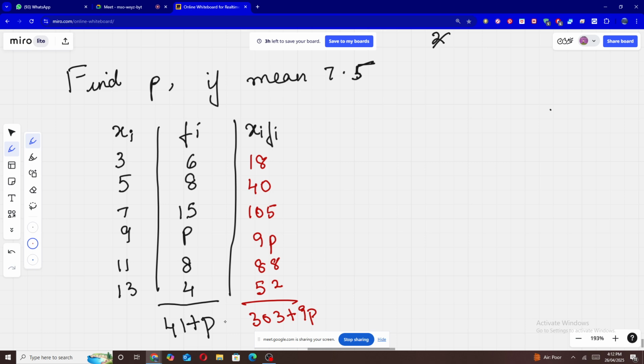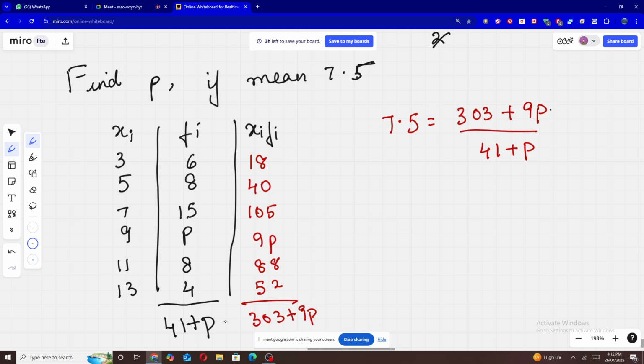What happened to calculation? Mean is equal to 303 plus 9p divided by 41 plus p. Ma'am, is it 0.3?